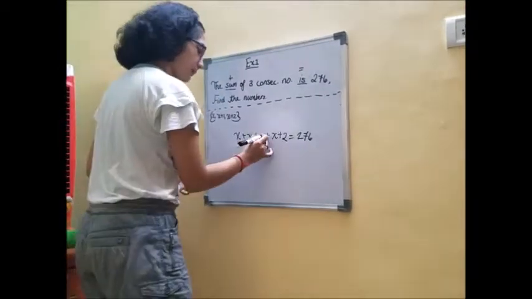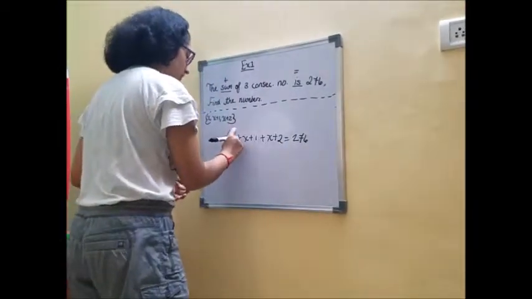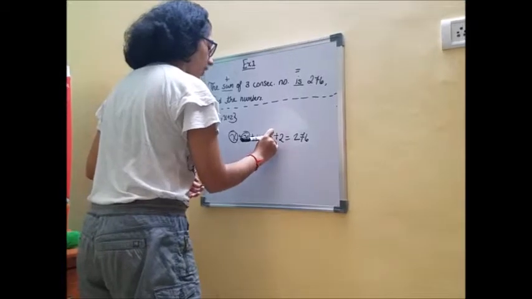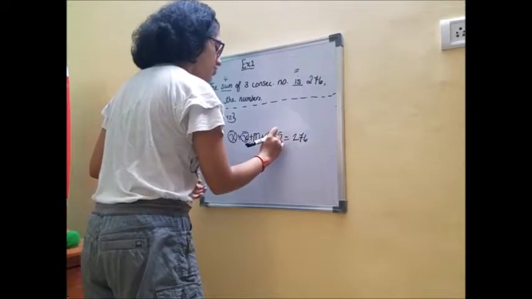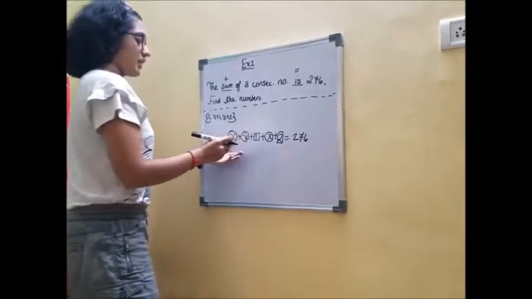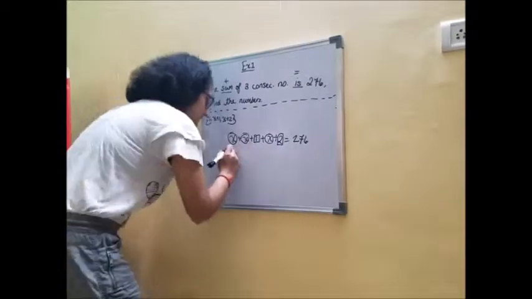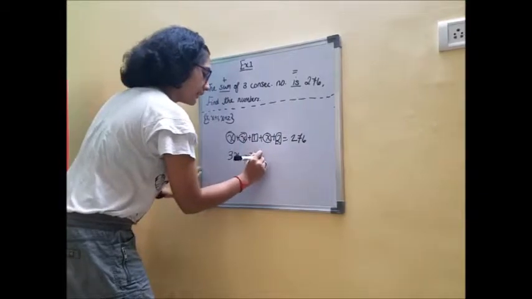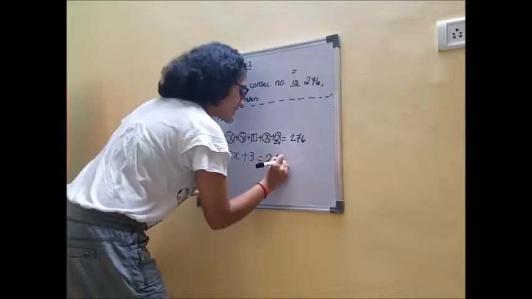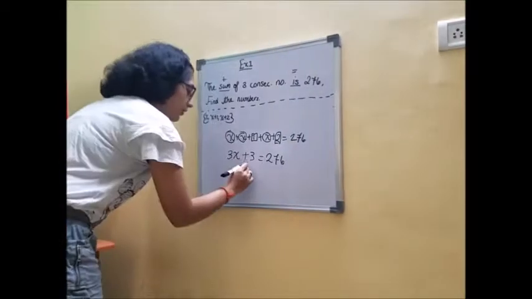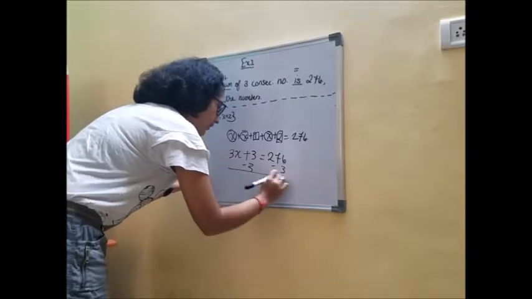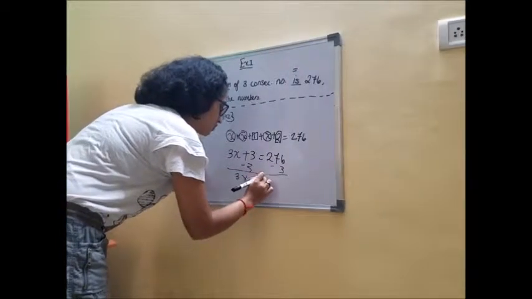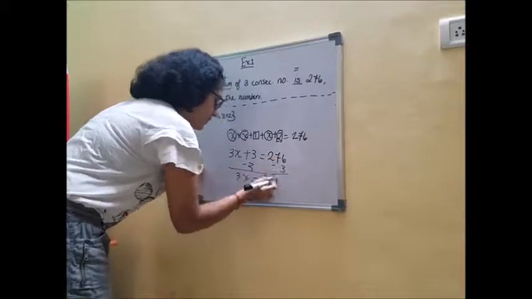Now we can combine the like terms. I'm going to circle all of my x's and square all of my little numbers. So x plus x plus x is 3x, plus 1 plus 2 is 3, equaling 276. Now we solve it as normal. 3x equals 273.